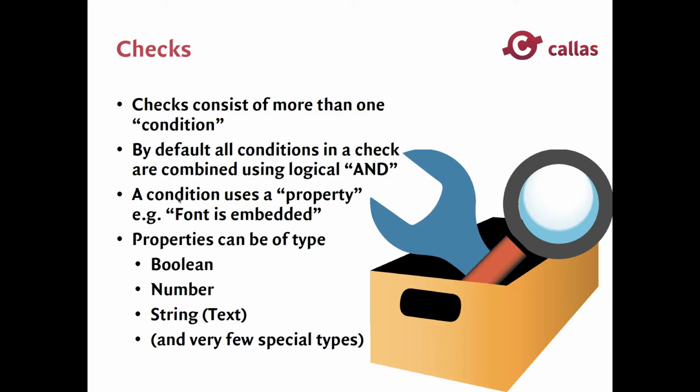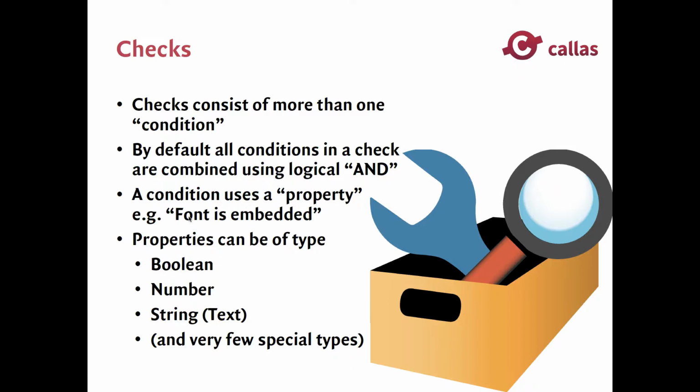And every condition uses a property. For instance, font is embedded, with an operator which then would say font is embedded is true or font is embedded is not true. And that is because this font is embedded property is a Boolean one.